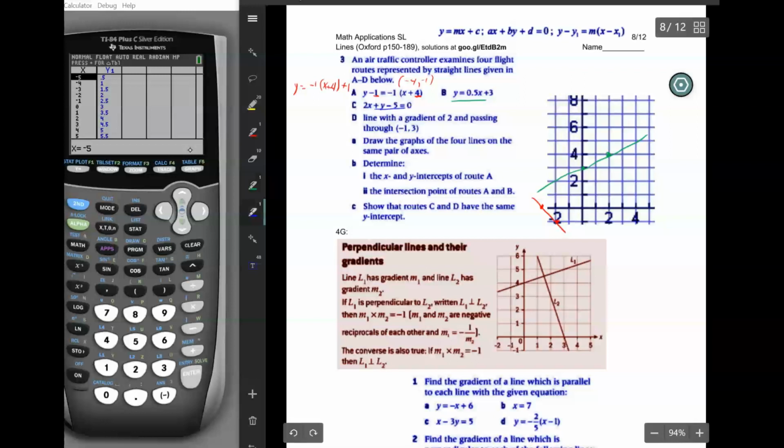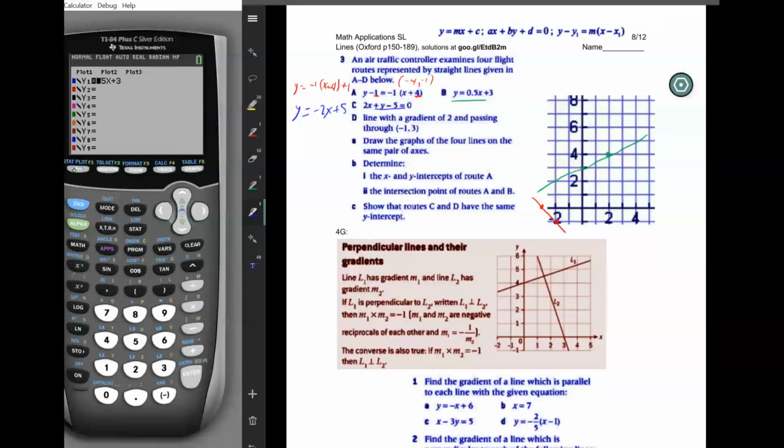And then last of all, let's do this one. Now, if we put y by itself on the left side, then we can put it in the calculator. So it would be y equals, and then we'll subtract 2x from both sides and add 5 to both sides, and we'll get -2x plus 5. So let's type that in, -2x plus 5. And then we'll look at the table.